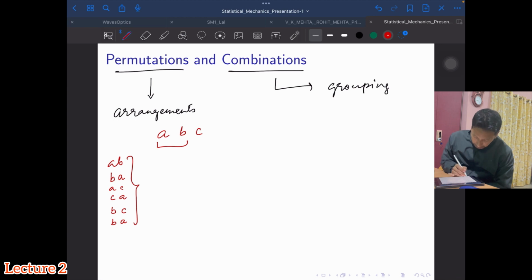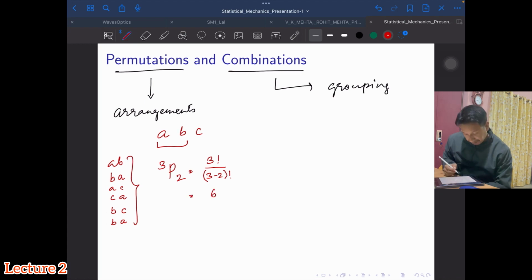The formula to obtain how many ways I can arrange these 3 distinguishable objects is 3P2, where P is permutation. So it is 3 factorial divided by (3 minus 2) factorial, which is equal to 6.